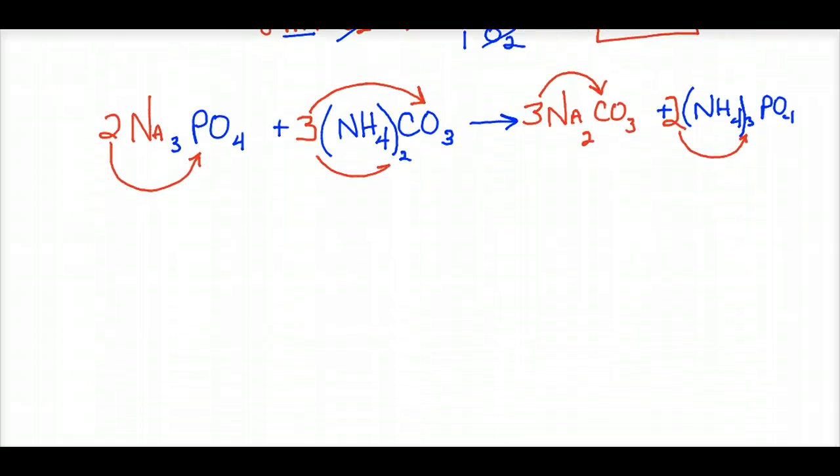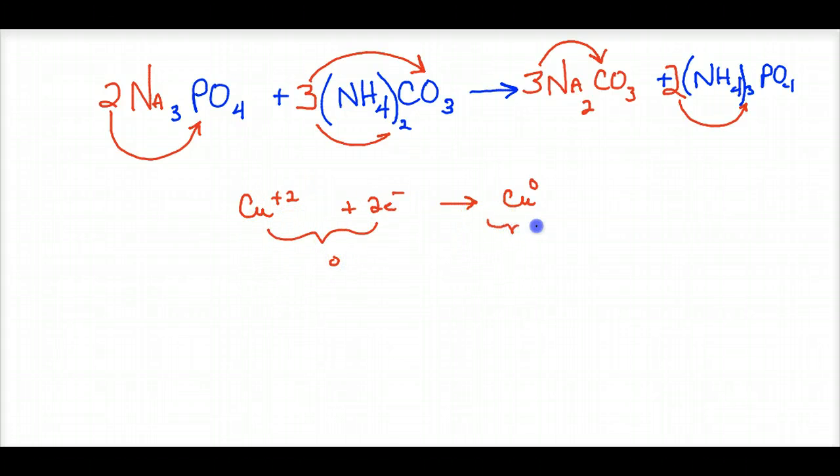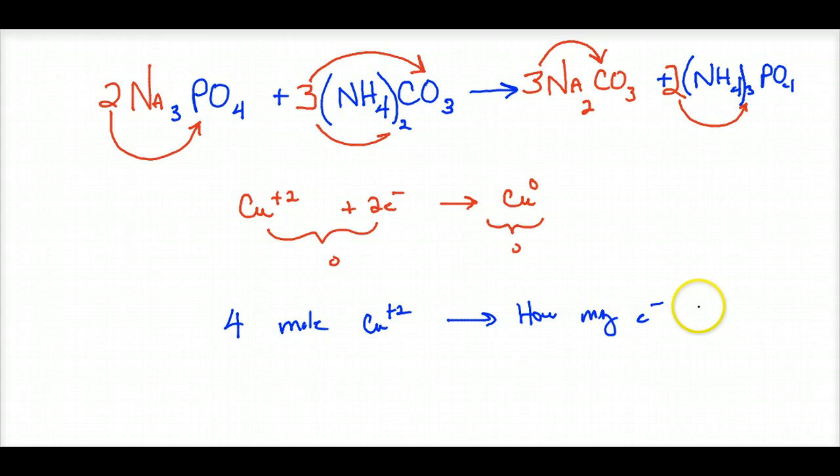There's one little smaller component in redox, where if I had something like copper plus 2 ions, and I know that I need 2 electrons, 2 negatives, to make these coppers 0. Notice both sides have this charge of 0, charge is conserved. And if I had 4 moles, let's say, of copper plus 2, the question is, how many moles of electrons?